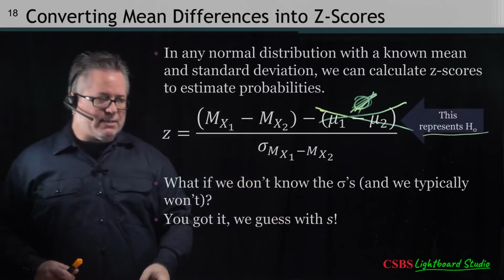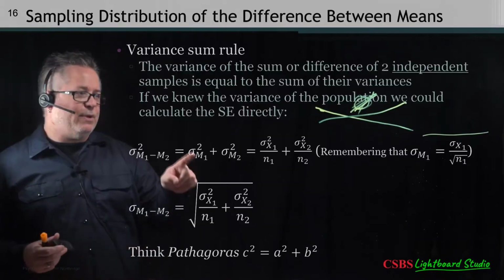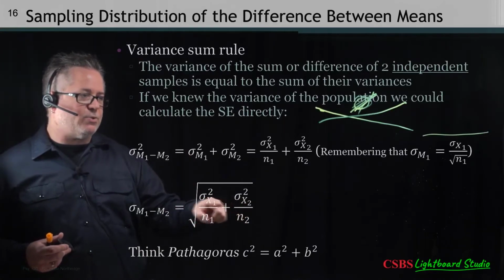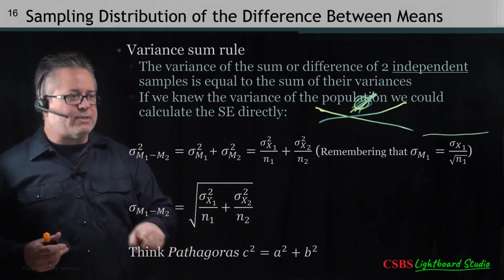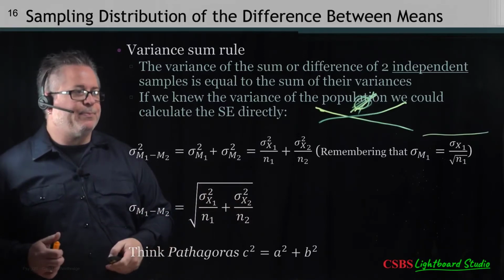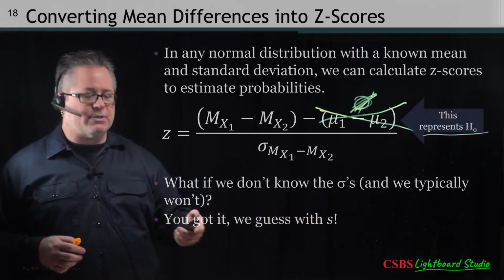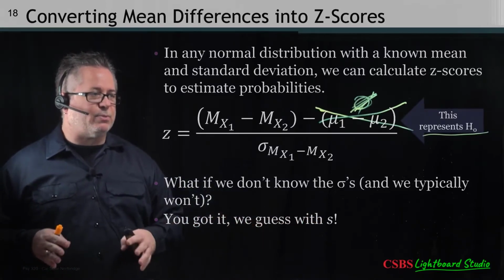So going back a second, if we knew sigma, we could plug sigma in for the 2 population values and figure out a standard error of the difference between the 2 means. When we don't know it, we're going to have to use S somehow, and that's going to take us a couple of steps.